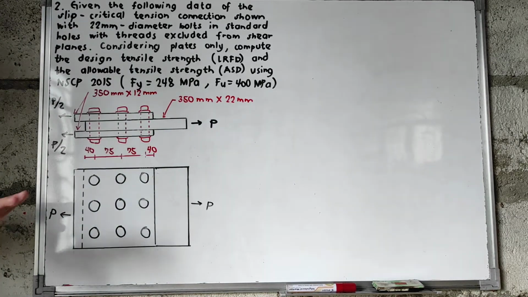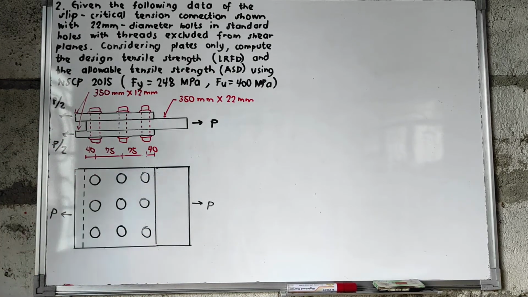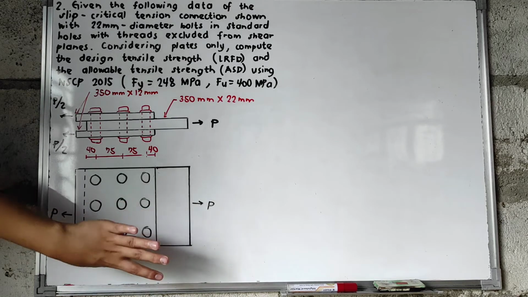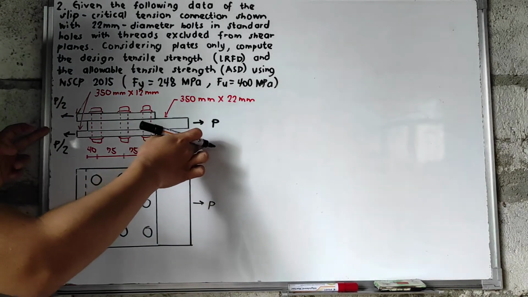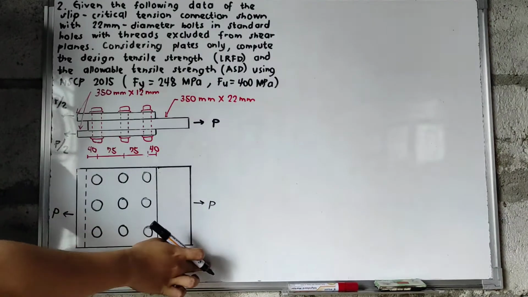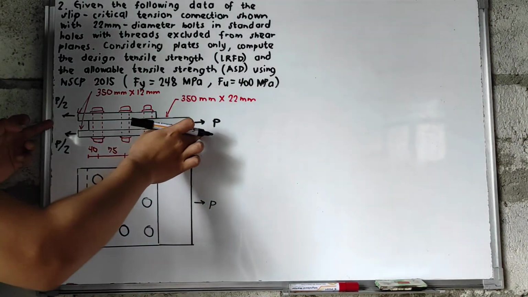So, for this one, ito yung top view ng mga plates natin. Tapos, kung titingnan natin sa side view niya, ito yung mangyayari niyan. Top view, front view pala to.